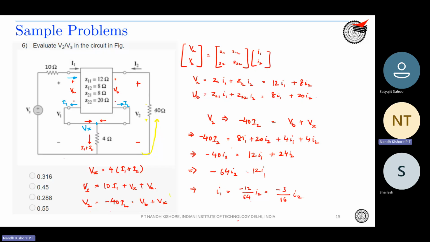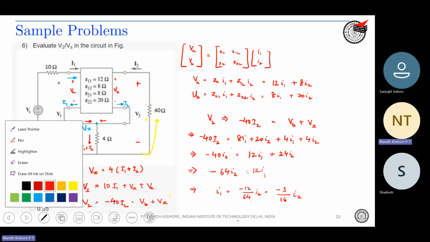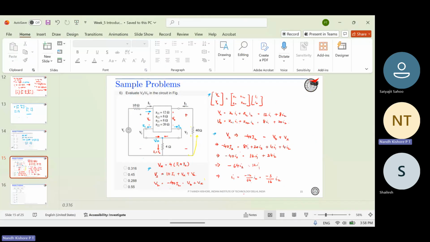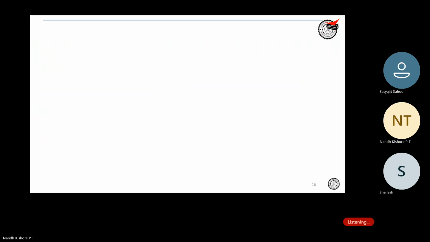You have got a relationship between I1 and I2. First we wrote KVL equations and then we used the Z parameters, and we put both of them together. Once you get the relation between I1 and I2, the answer is very simple. So let's take a new slide.